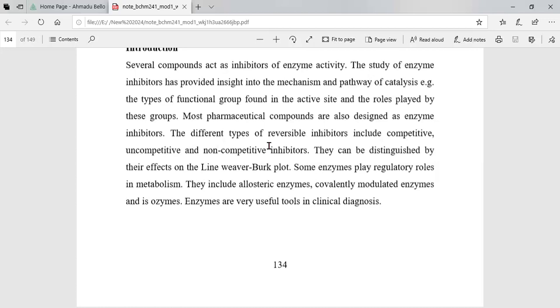These can be distinguished by checking their effect on the Lineweaver-Burk plots.